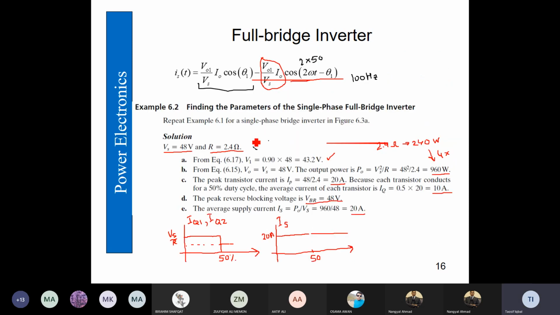We find the ratio between voltage VO1 divided by Vs into I out cos theta 1 minus VO1 over Vs into I out cos 2 omega t minus theta 1.